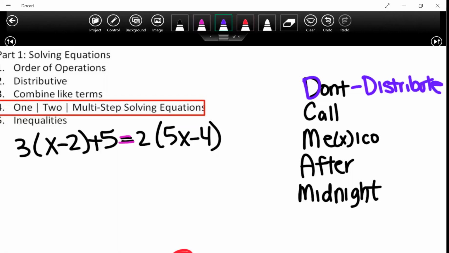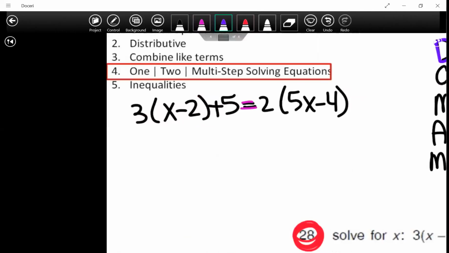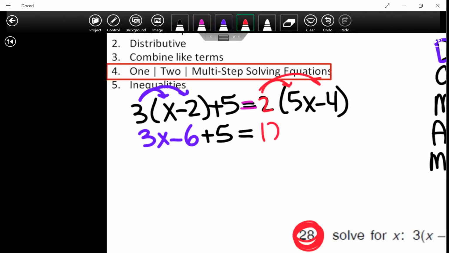Okay, distribute. So in this case, I'm going to do my distributive property. Do here, 3x minus 6 plus 5. We'll just drop that 5 is equal to, and then we have our 2. So we're going to get 2x minus 8. Okay, and we're done there. We did distributive property on both sides.